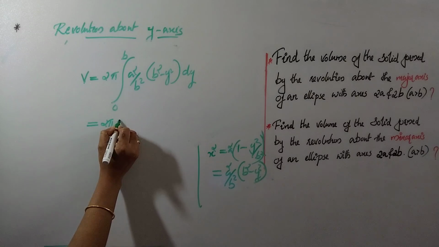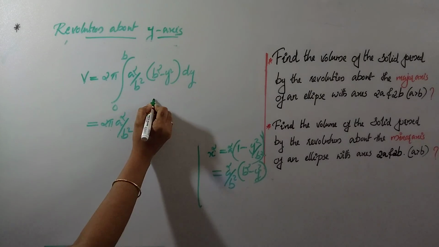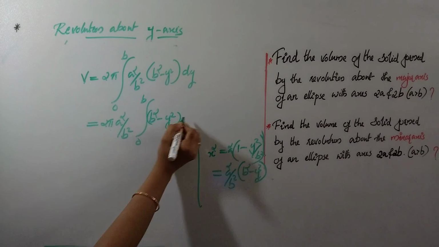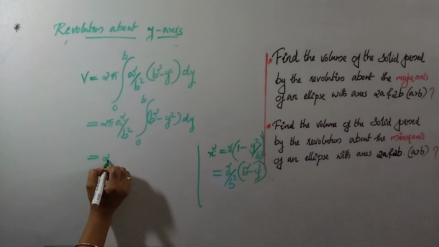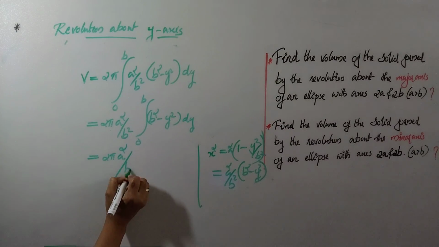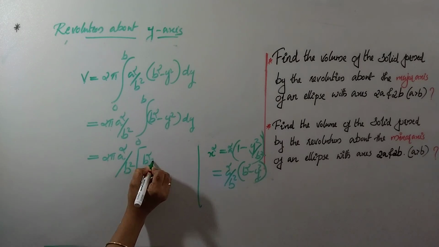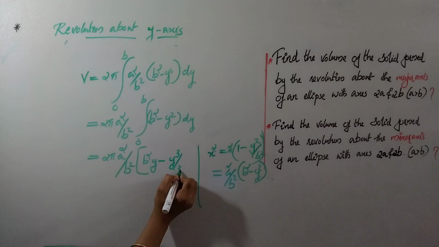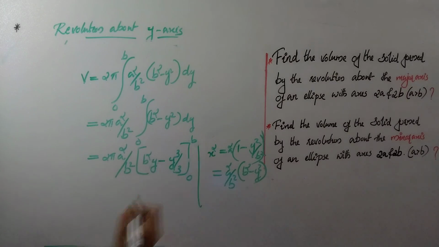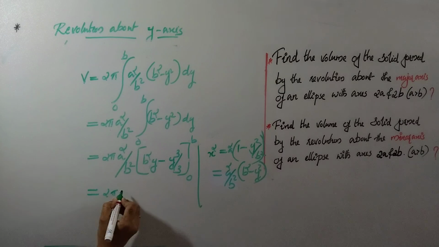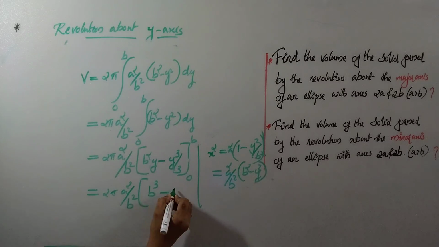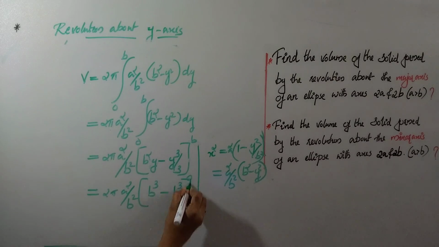That is 2 pi into a square divided by b square, integral 0 to b of b square minus y square dy, is equal to 2 pi a square divided by b square, integrating with y, so b square y minus y cube by 3, limits varying from 0 to b. 2 pi a square by b square into b cube minus b cube by 3.